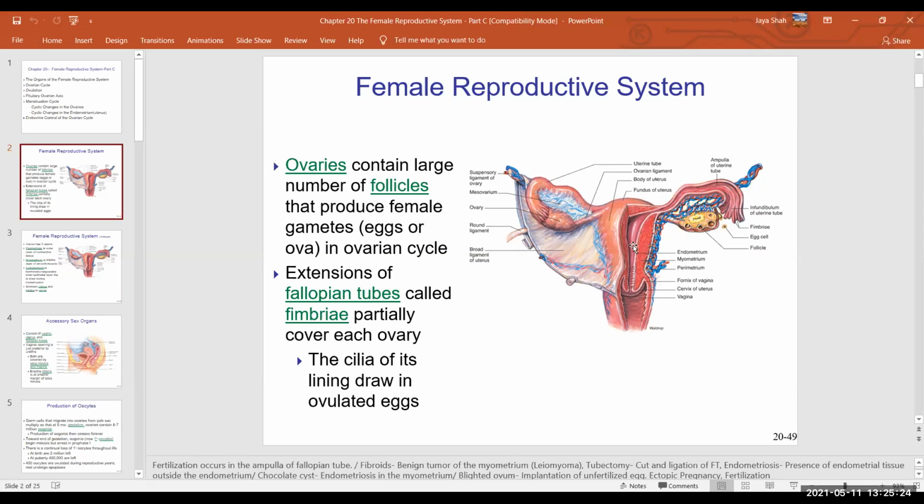When they implant and are buried inside the endometrium, what is that condition called? Conception. Yes, so implantation is conception. Good.